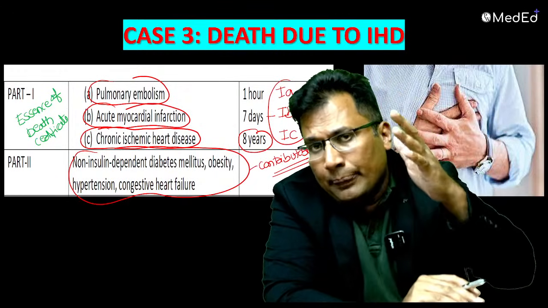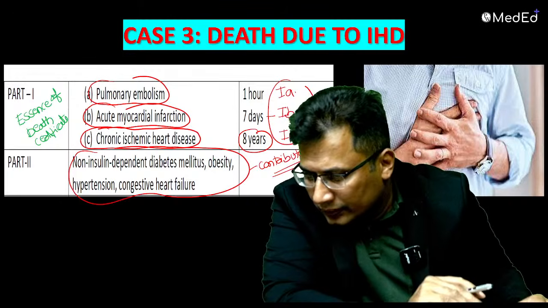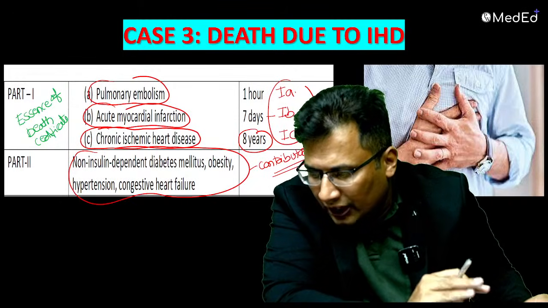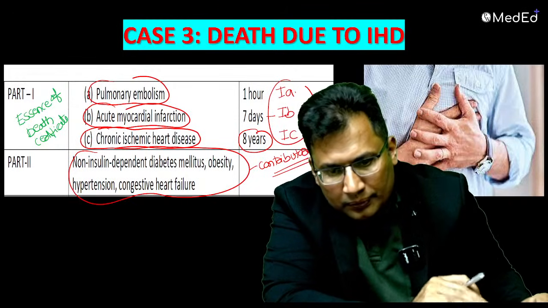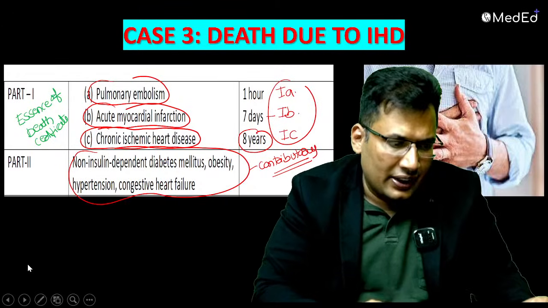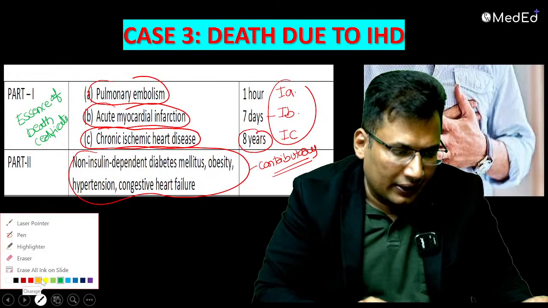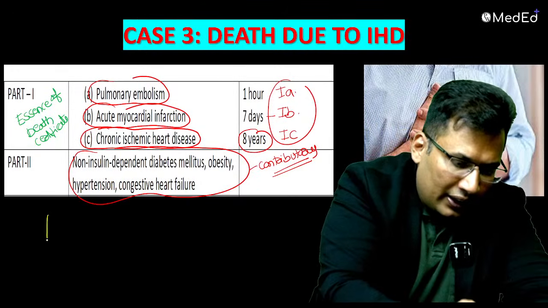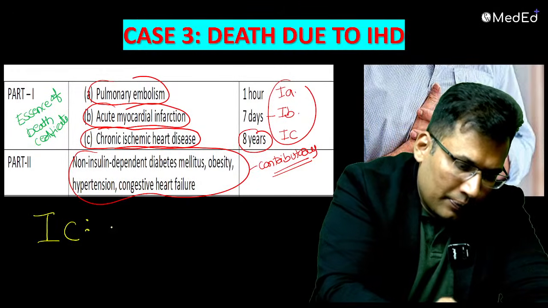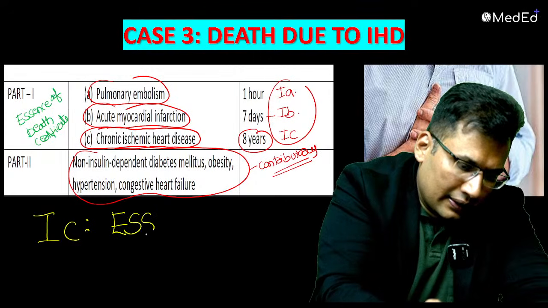Options are 1A, 1B, 1C and 2. Rakesh, Vedasupava, Bhumika, Anu. So the answer is 1C. The 1C is known as the essence.